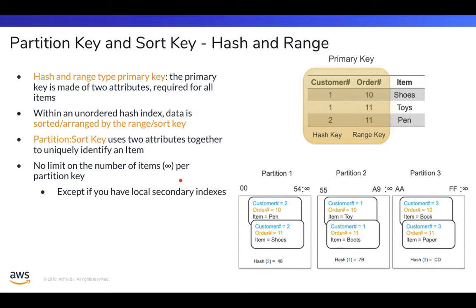The item is uniquely identified by both of these keys. So there is no limit on the number of items per partition key, except if you have a local secondary index. Then there would be a 10 GB limit. We'll see why and how we can handle that.